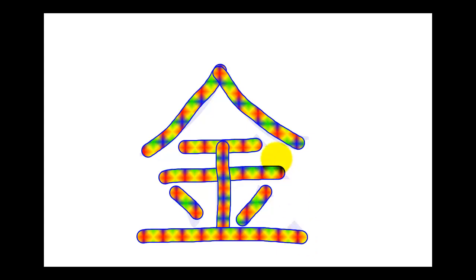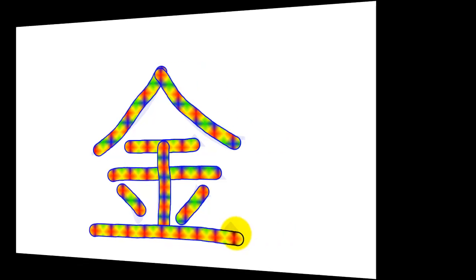And there we have a gold mine, the roof on top, the ground level, the dirt underneath, the 2 gold nuggets, and finally we've got to finish off that element which means soil or dirt. And there you have the character for gold, and it also means metal.